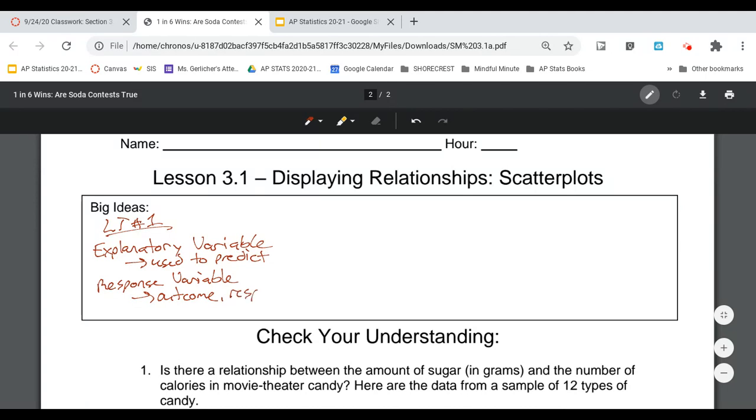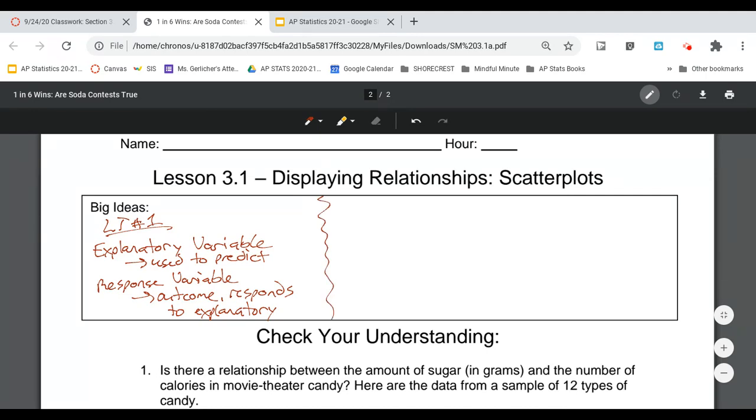It responds to the explanatory. Basically, the explanatory variable comes first, and it creates a response in the second variable, the response variable. Or you could say the explanatory variable explains the response you see in the response variable.